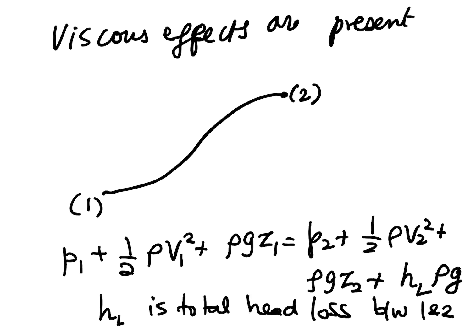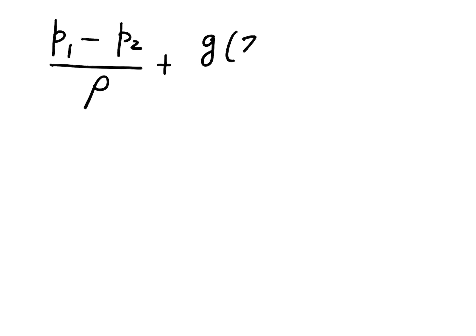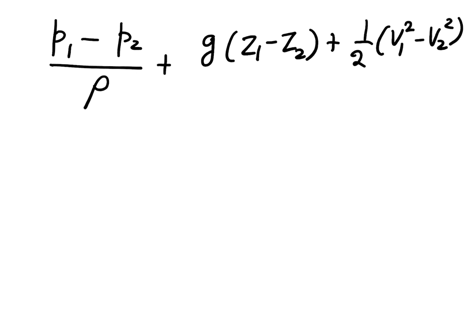If I write this equation differently, P1 minus P2 divided by rho plus G times Z1 minus Z2 plus half V1 squared minus V2 squared, I can equate this to HL, or the total head loss.